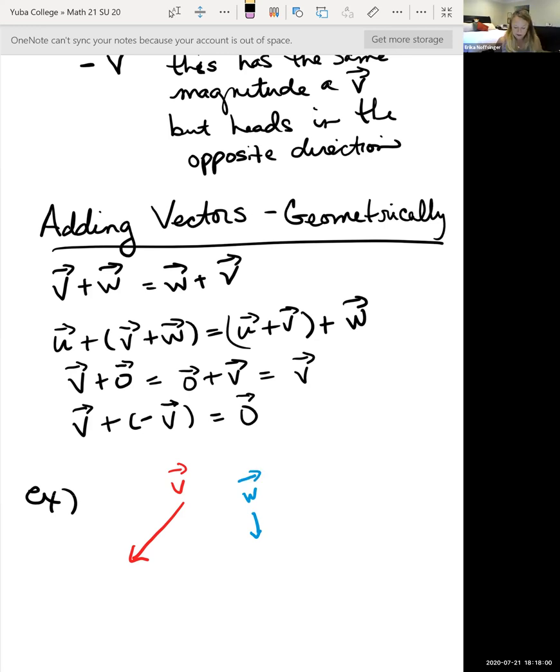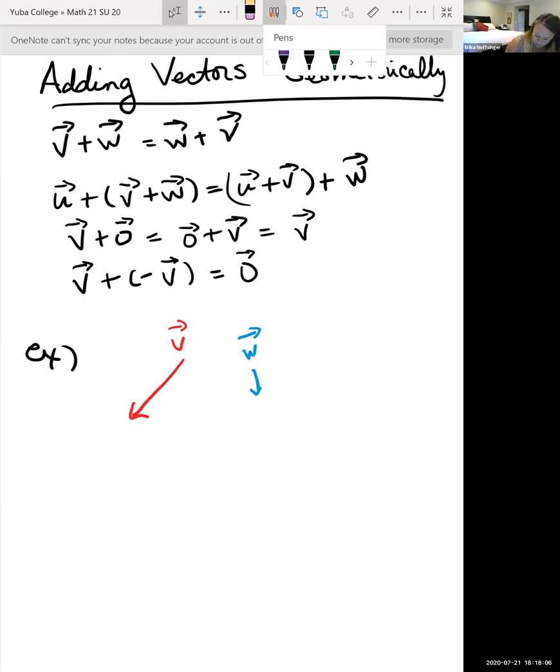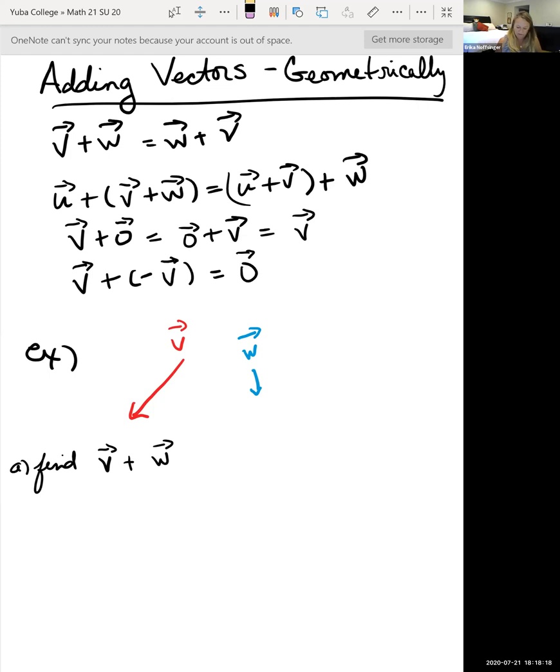So if I wanted to figure out what v plus w is, I'm going to take my vector v first. I'm going to take the same direction, same length, and I'm going to draw it.